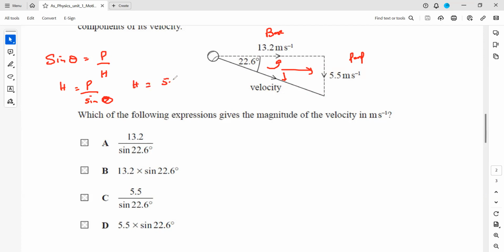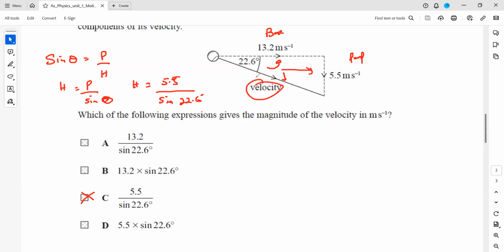The perpendicular is 5.5. And the angle is 22.6. So 5.5 divided by sine 22.6 will match with option C. So we use a trigonometric ratio to work out the hypotenuse, which is the velocity in this case.